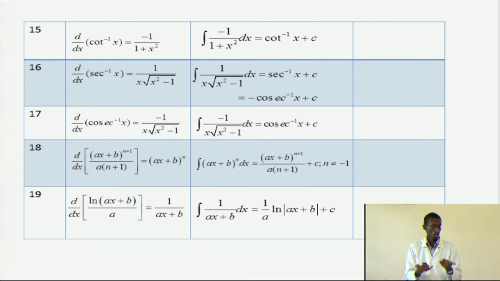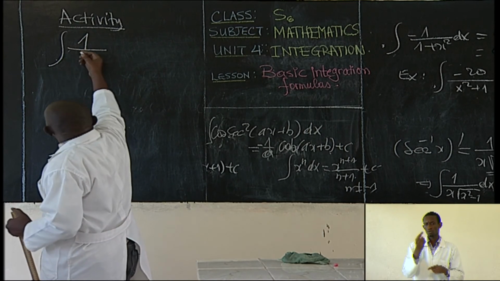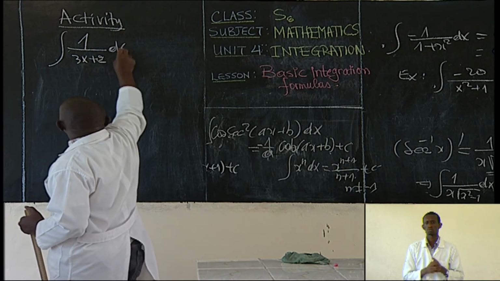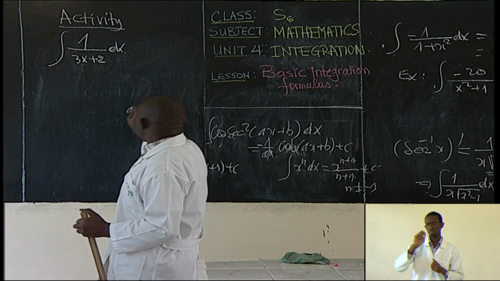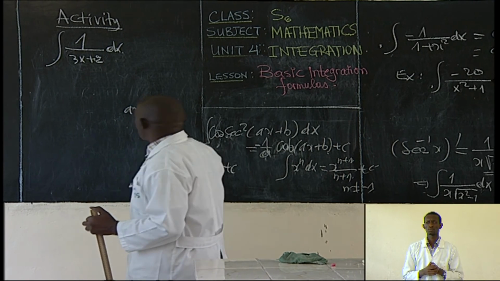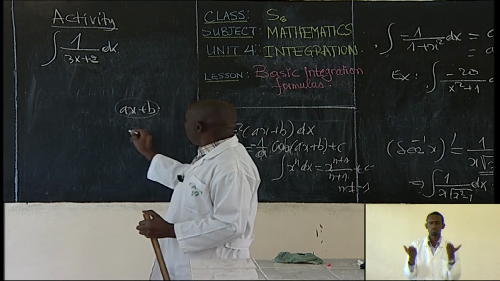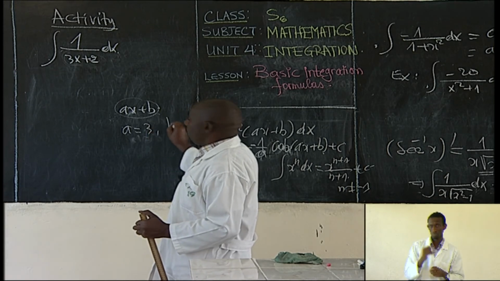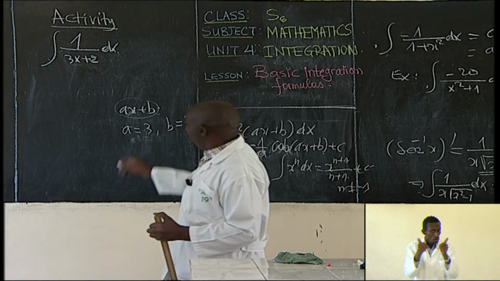Now, an example for that, the integral of 1 over 3x plus 2, for instance, dx. This is a linear expression of the form ax plus b. Of course, if I compare this expression to this one, a will be equal to 3 and b equals 2. Are we together? Very nice.